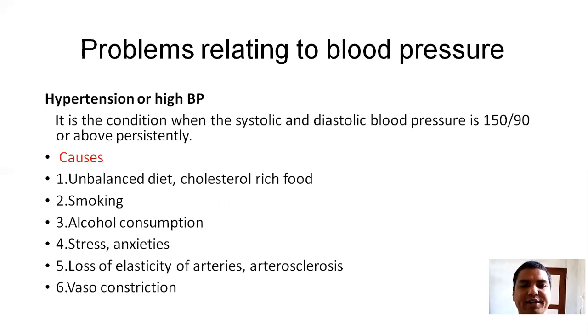Normal humans have 120 to 80, but in case of hypertension, the blood pressure becomes 150 by 90 mm of Hg. It is due to causes like unbalanced diet, cholesterol-rich food, smoking, alcohol consumption, stress, anxieties, loss of elasticity of arteries, arteriosclerosis, that means defect in artery, vasoconstriction, that is constriction in the arterial system.